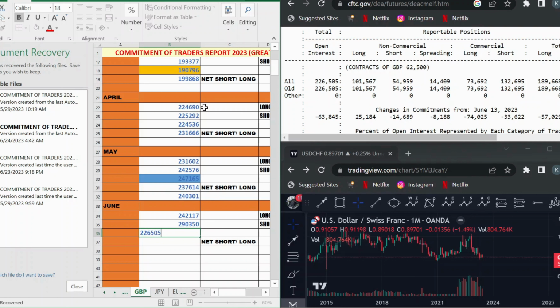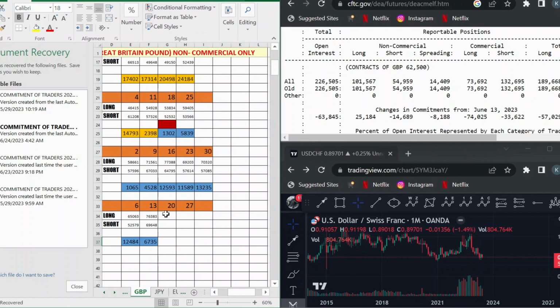The longs are 101,567, and the shorts are 54,959. Let's see the net long difference. Of course, it's the largest net long difference ever since the shift in the sentiment.